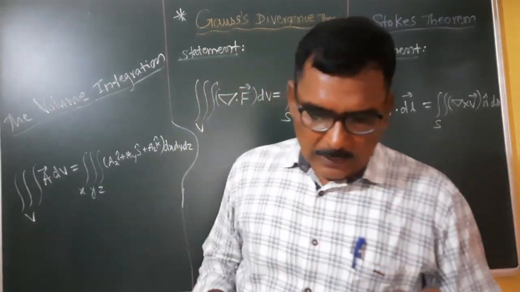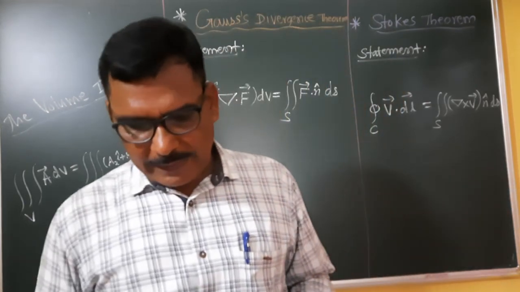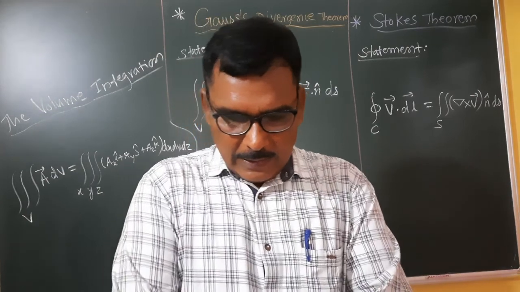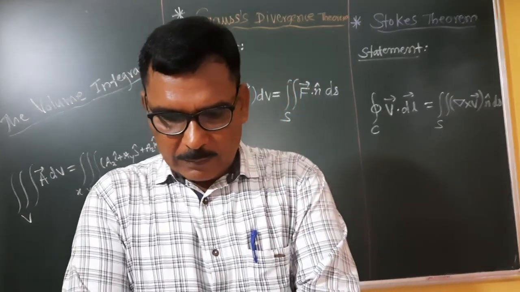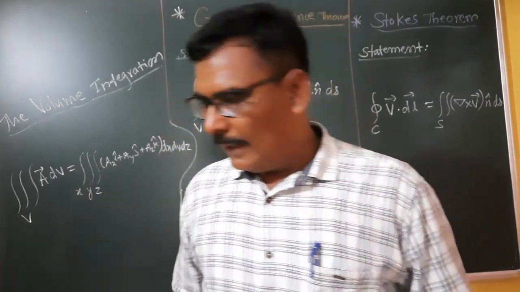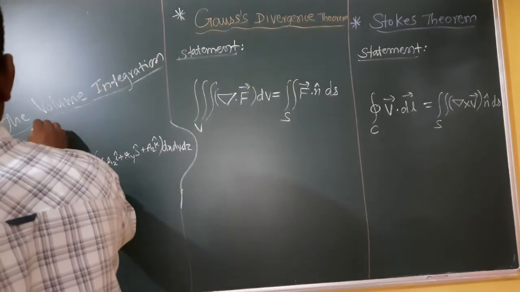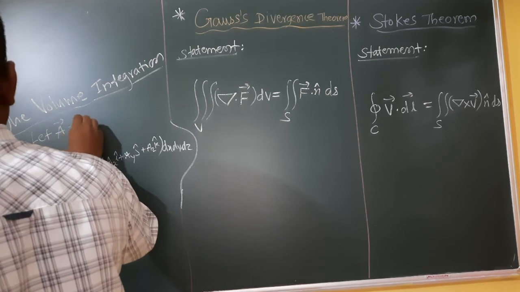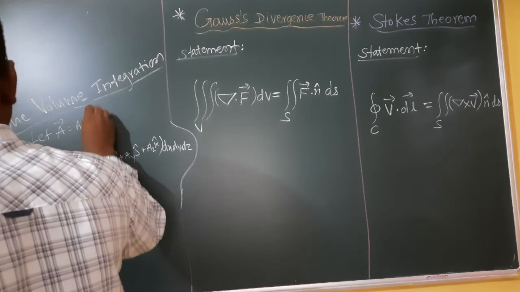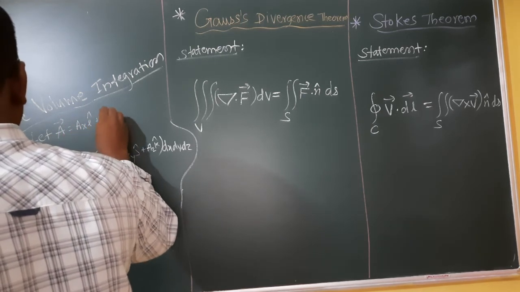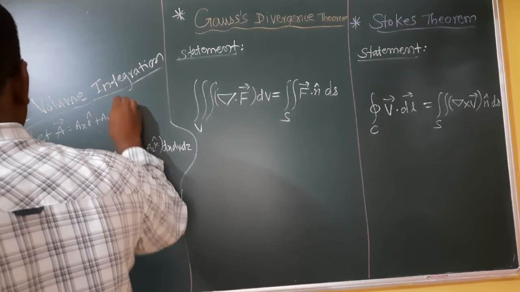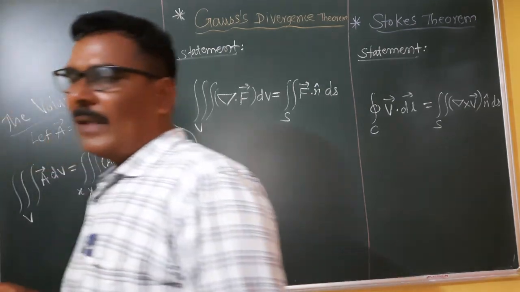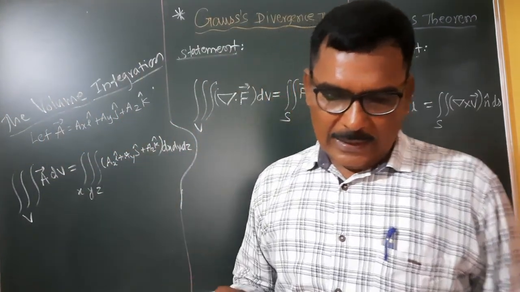Let us consider a closed surface, and the space enclosed by it has volume V. Let A bar be a vector field, A bar equals Ax i cap plus Ay j cap plus Az k cap. This is the vector field A bar.